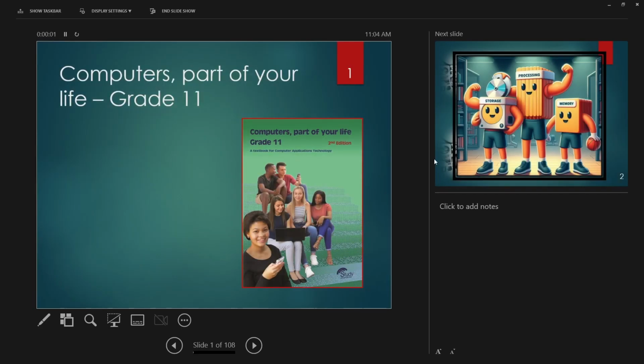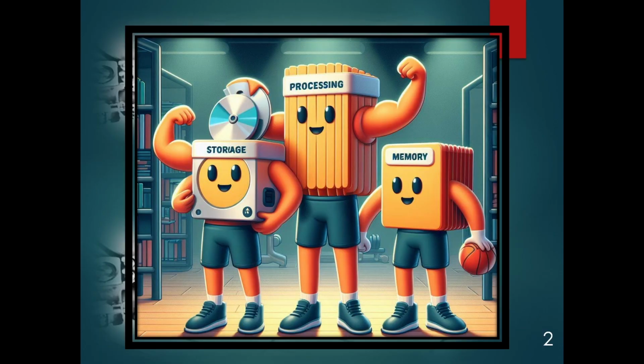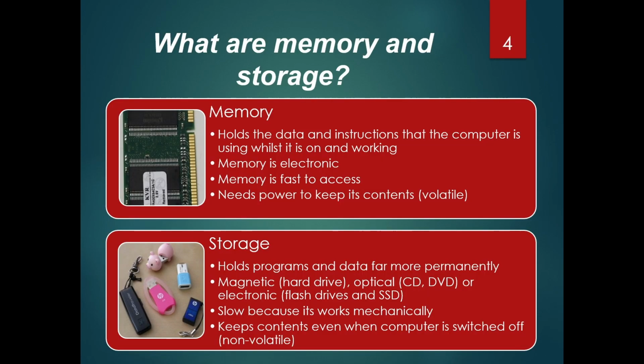Let's revise on what we have done for the term. Okay, so we started off with memory, processing, and storage. So you want to know the difference, okay? Must know the difference between these, especially when it comes to memory and storage. And the slides went through what the difference is, how memory holds data and instructions temporarily, it's electronic, whereas our storage holds it more permanently.